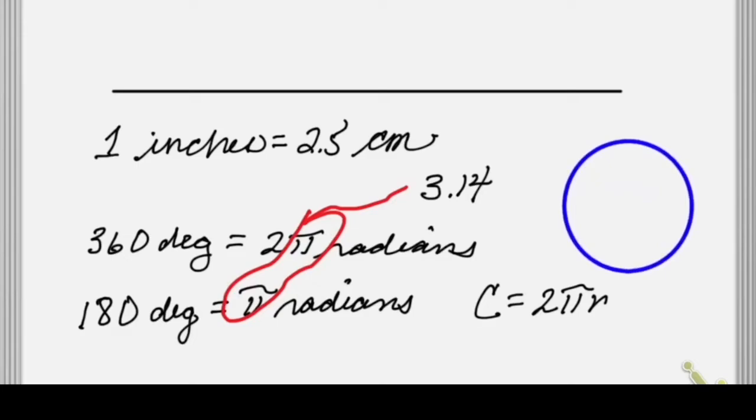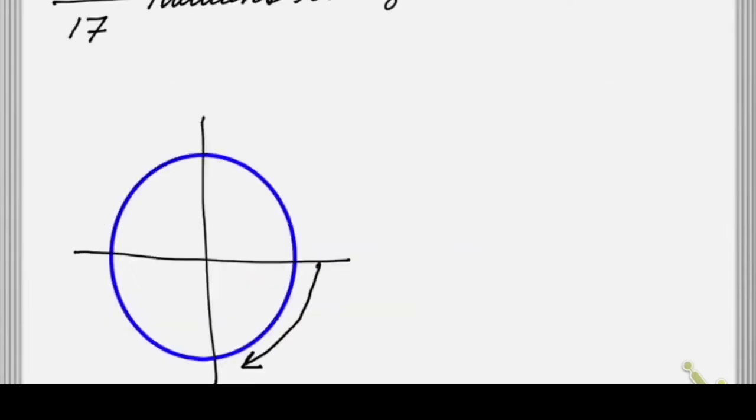If I took the diameter of the circle, and if that diameter were flexible and I could wrap it around the edge of the circle, it's going to wrap around approximately 3 times, and then there's going to be just 0.14 left over. So that's what that 3.14 means. It means how many times the diameter wraps around its circle.